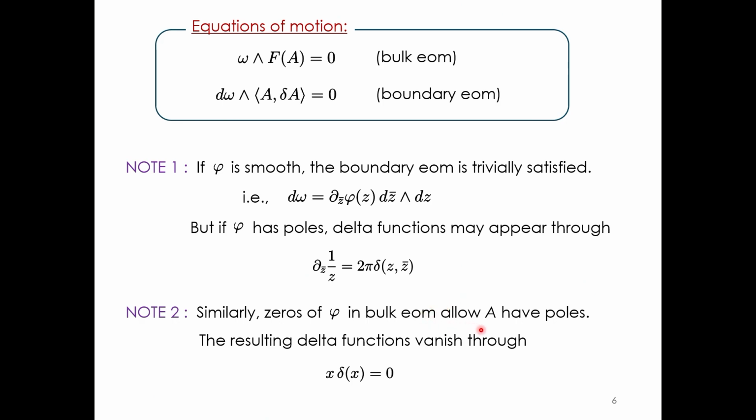If we have poles and the equation contains the derivative of A, then delta function contributions may appear, but such delta functions can be killed by this formula. By using these two simple formulae, we can reproduce some theories starting from these equations of motion.